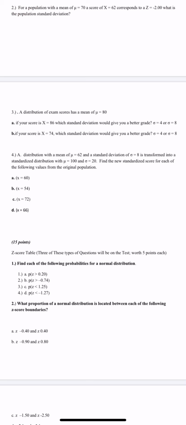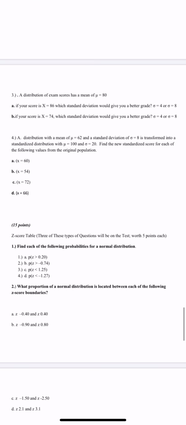So 86 minus 80 divided by 4 equals 1.5. And 86 minus 80 divided by 8 equals 0.75.